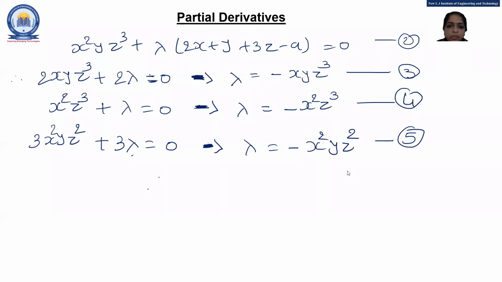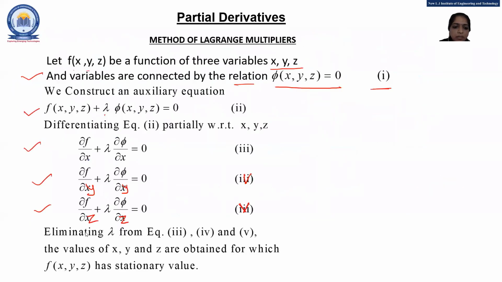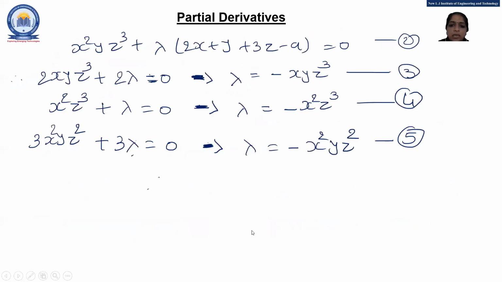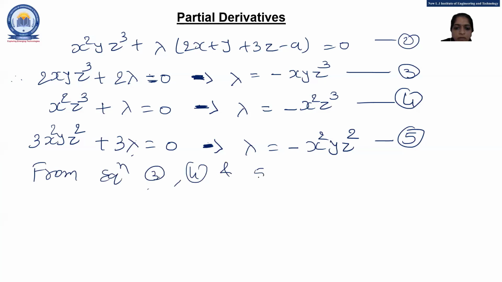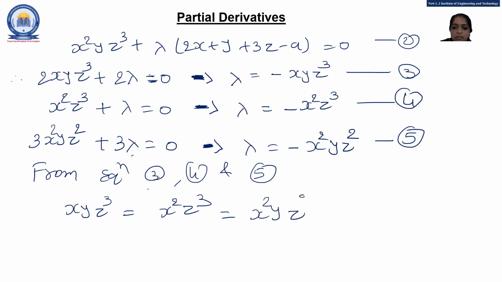So from equations 3, 4 and 5, what is our next step, students? As per the rule, we eliminate lambda from equations 3, 4 and 5. All the left hand sides are the same, so the right hand sides are also the same. Here I take minus common, so the remaining terms are x y z cube is equal to x square z cube and is equal to x square y z square.